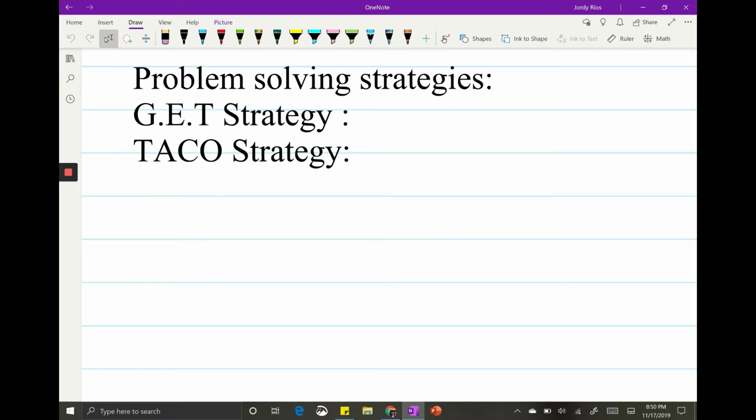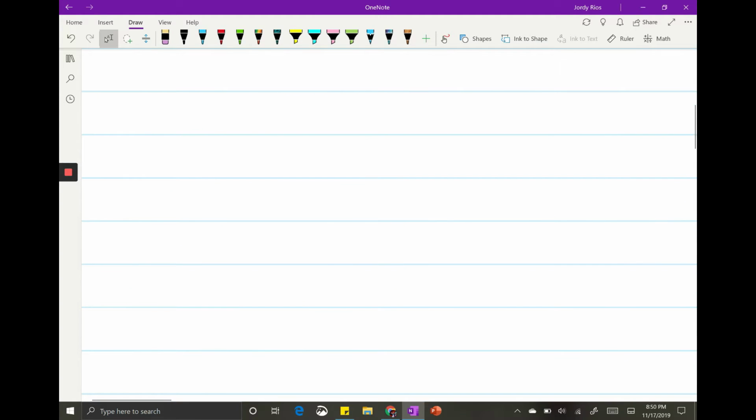The first one is problem solving strategies. We have to check for understanding. Make sure you're reading the problem several times. Are you truly understanding what it's asking for?